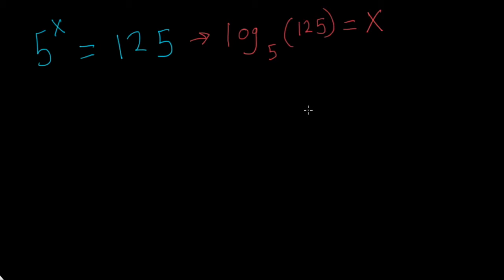So as you can see, the 5 kind of comes over and matches with the x here. So we say 5 to the x power is equal to 125. So that's the way I like to think about it. It's sort of a small number raised to a power, 5 raised to a power, and then again, logs always give you the exponent.